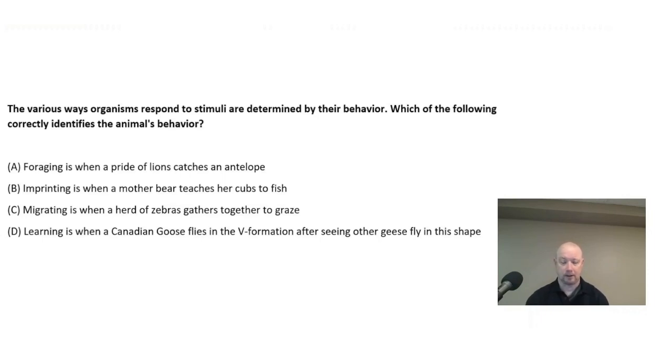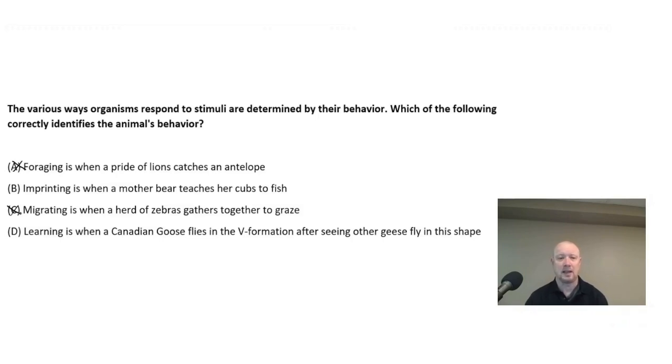Well, foraging is eating plants. So they're talking about a pride of lions catching an antelope. So I'm going to eliminate choice A. Choice C, where it says migrating is when a herd of zebras gathers together to graze. Well, migration is a movement. So gathering together to graze does not necessarily consider migration. So I'm going to eliminate choice C. Choice B, imprinting is when a mother bear teaches her cubs to fish.